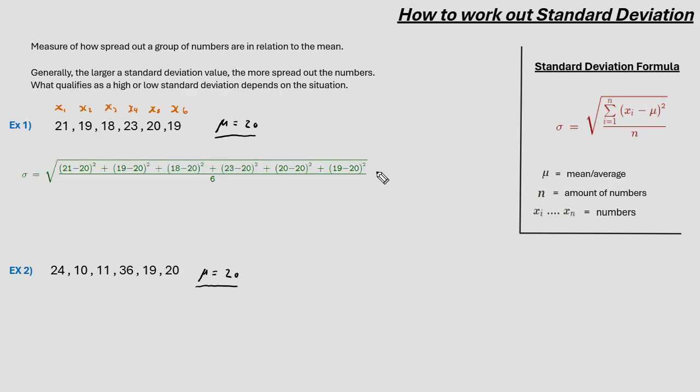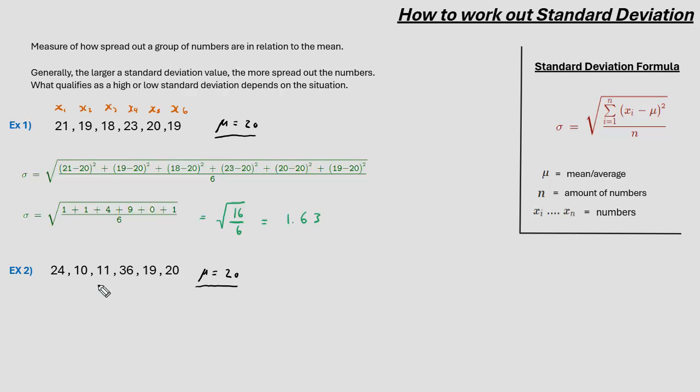And carrying out these calculations a bit further, we get the following, and this gives us the square root of 16 over 6, and to 2 decimal places this value is 1.63.